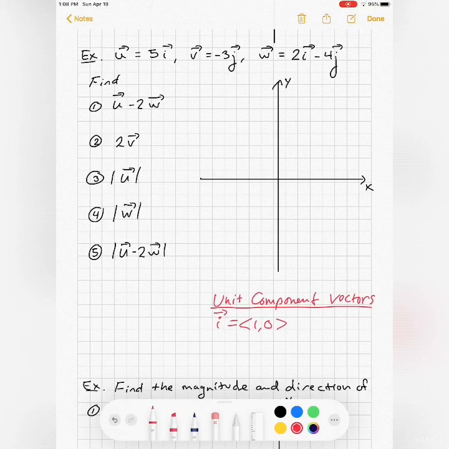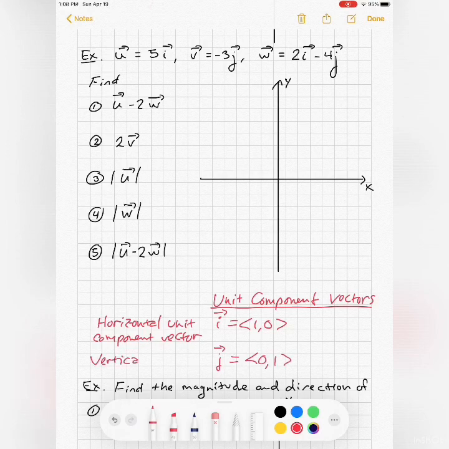This doesn't have anything to do with the imaginary number i. This is called the horizontal unit component vector. It's called a unit component vector because it has length 1. And then, as you might have guessed, the vector j is 0, 1. And that guy's called the vertical unit component vector.